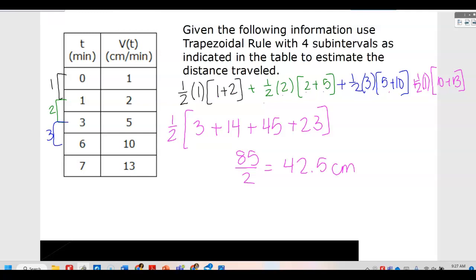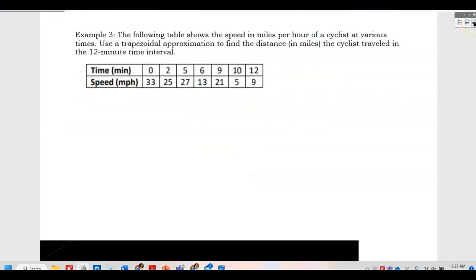And then the last one. It says the following table shows the speed in miles per hour of a cyclist. Use the trapezoid to find the distance the cyclist traveled in a 12-minute time interval.